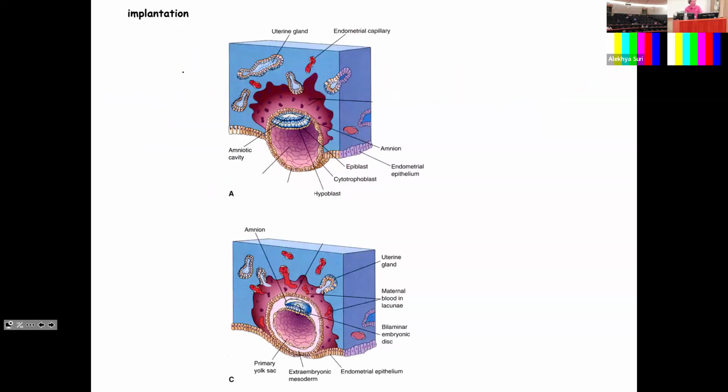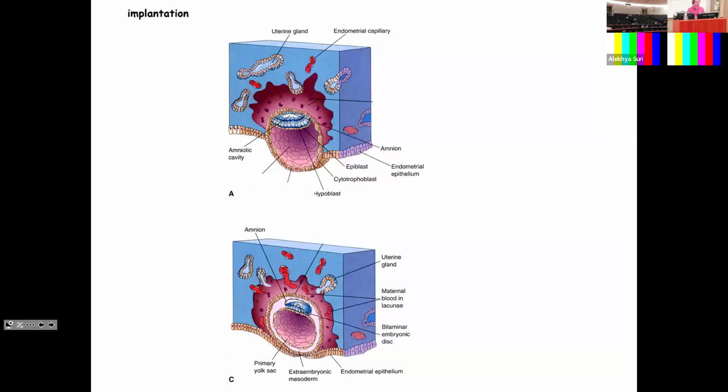This is the process of implantation. Again, you can see that there is the epiblast, the cytotrophoblast, and the hypoblast.